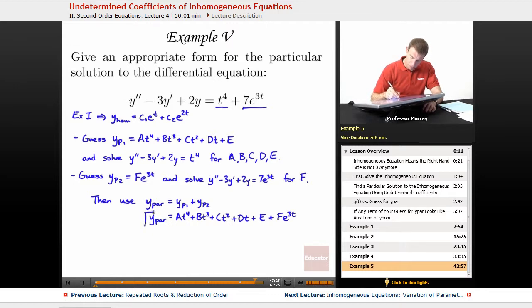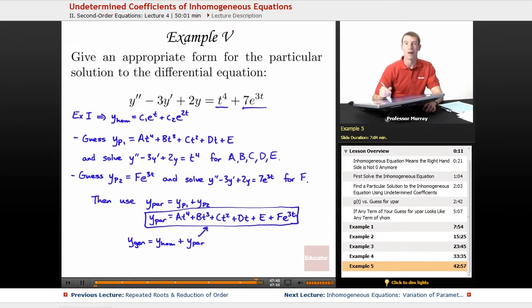That would be our final particular solution. And if you wanted to find the general solution, as usual, you would take the homogeneous solution and tack on the particular solution that you had found above by filling in all those constants.